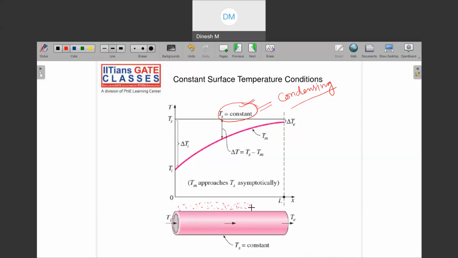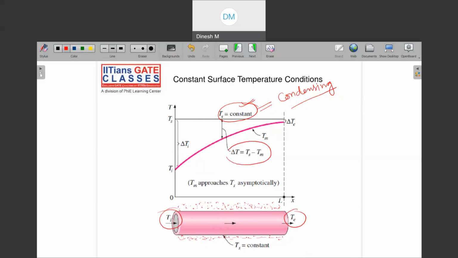Like, this will not increase or decrease its temperature. Why? Because it is happening at constant temperature. So what you will be able to see is that your surface temperature is constant, and the fluid which is picking away the heat is increasing its temperature from the entrance region till the exit region.